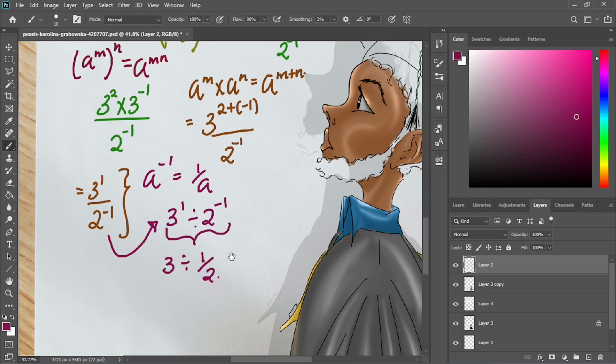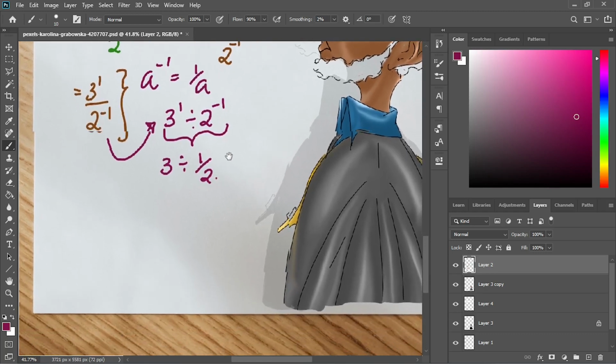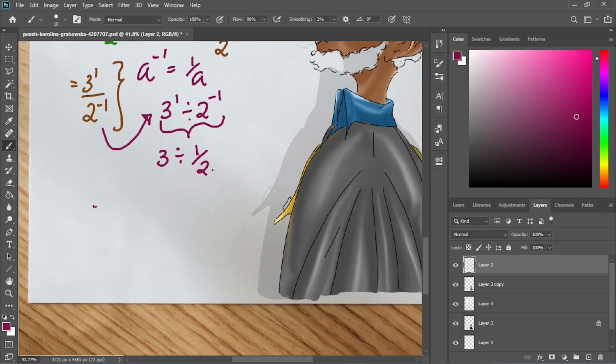And remember, when you divide by a fraction, you multiply by the reciprocal. So this will be the same as 3 multiplied by 2 over 1, and my final answer is going to be 6. And that will be our answer.